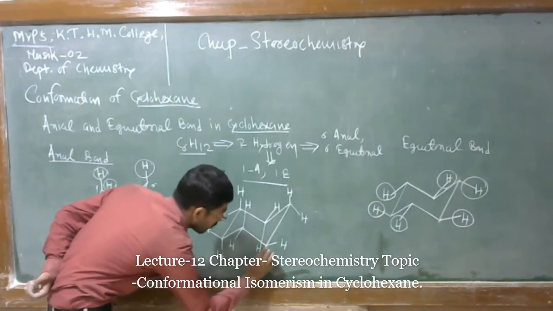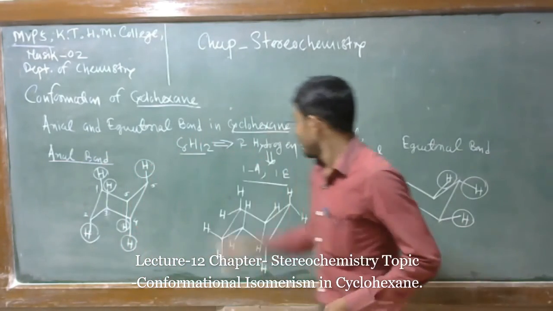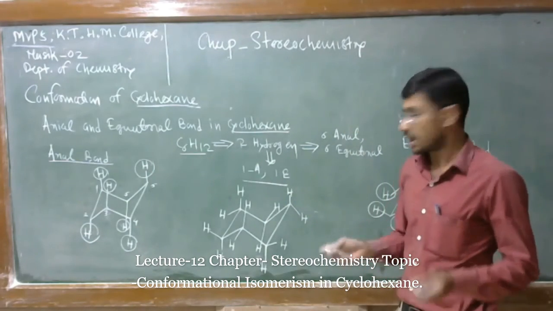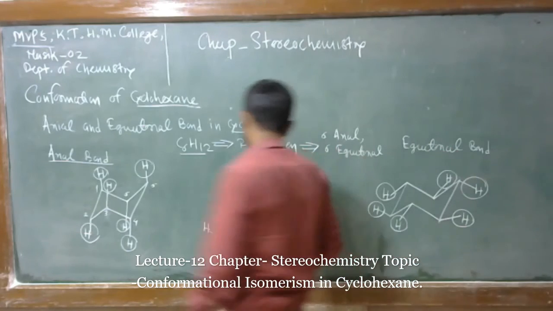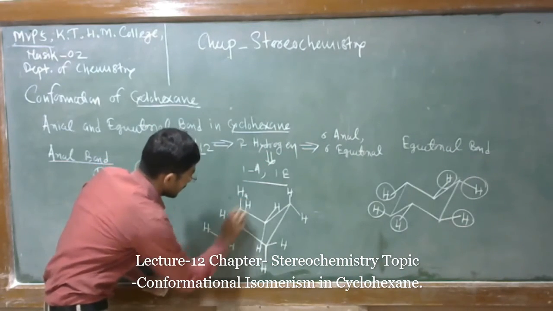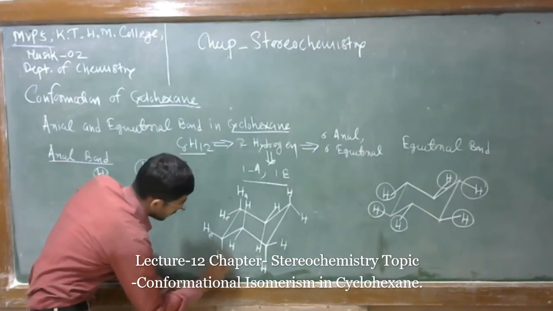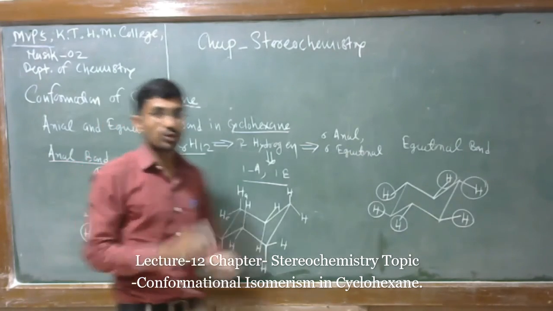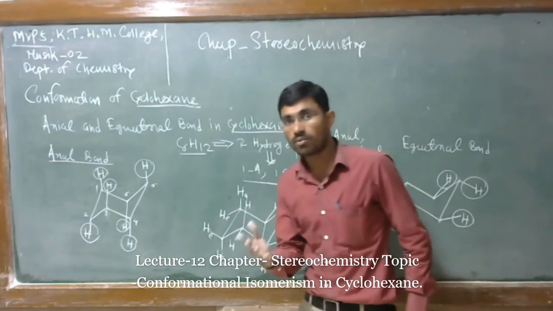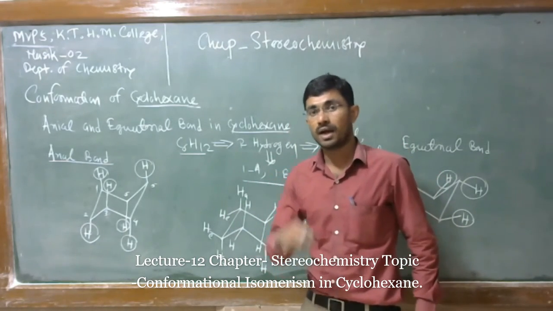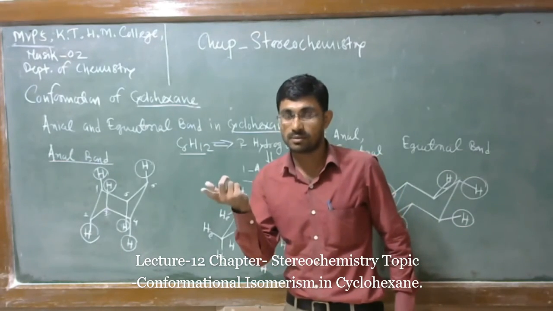So what we observe from this is that when you combine axial and equatorial bonds in cyclohexane, overall for the 12 hydrogens, we observe axial, equatorial, alternately. At each carbon, when the axial bond is above the plane, at the same time the equatorial bond is below the plane.